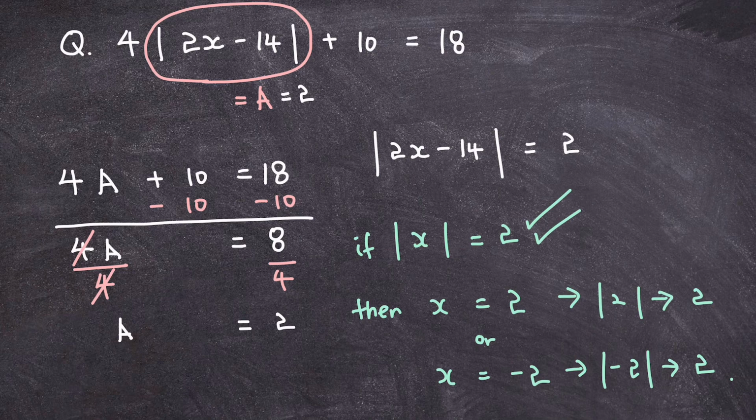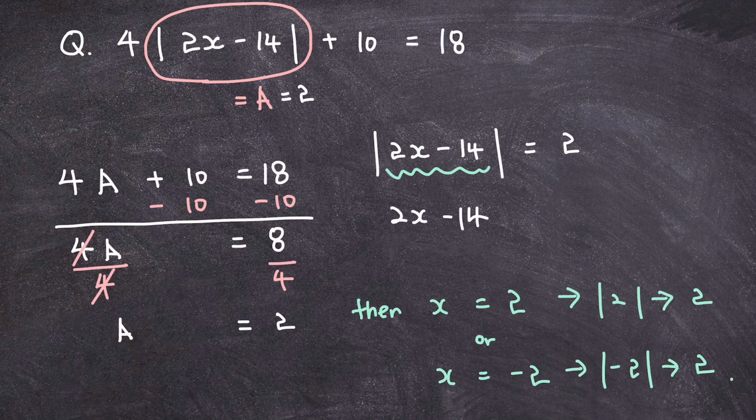So, using this knowledge, I'm going to set the inner expression 2x minus 14 equal to 2. And also, I'm going to set that equal to minus 2.